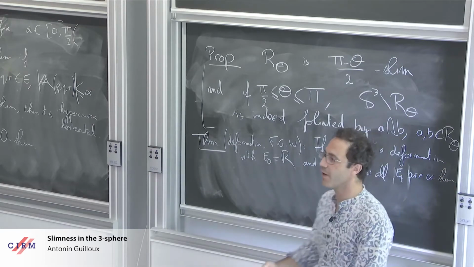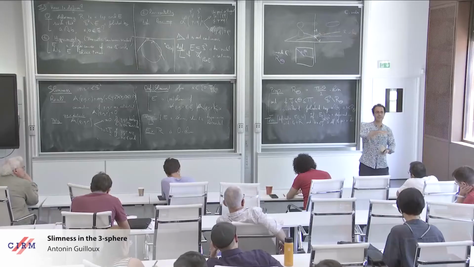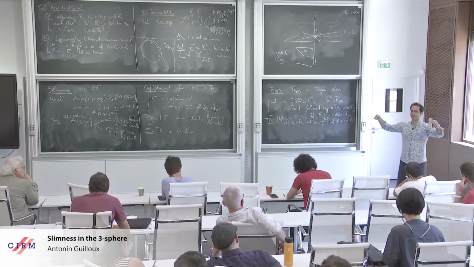So I deform my R circle, but I ensure that there is a uniform slimness.